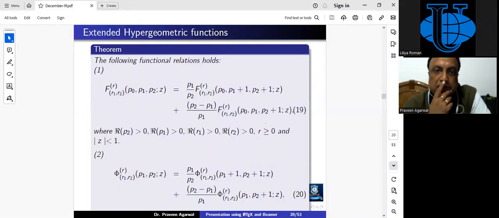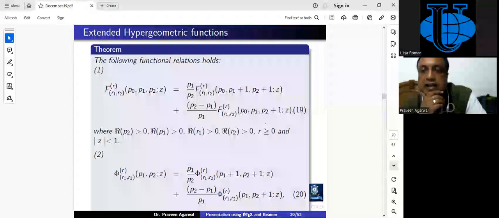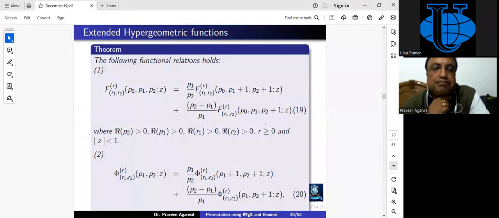Then the following functional relations hold for the new extended confluent hypergeometric function and Gauss hypergeometric function. You can see the first relation, given by equation number 19, is a functional relation for the new extended Gauss hypergeometric function, and relation 20 is the new relation for the extended confluent hypergeometric function.